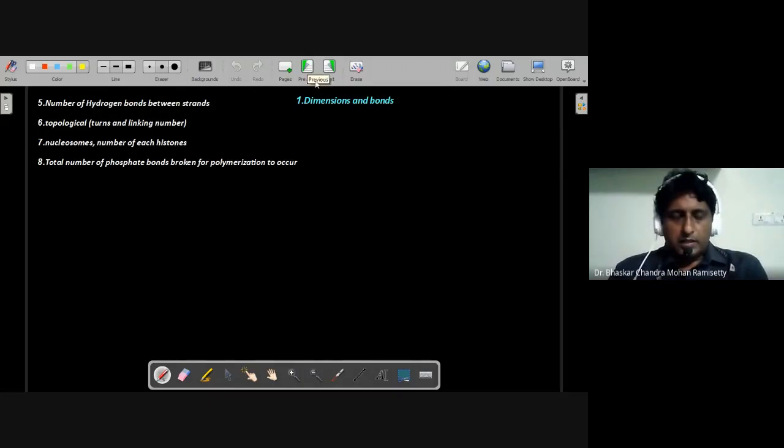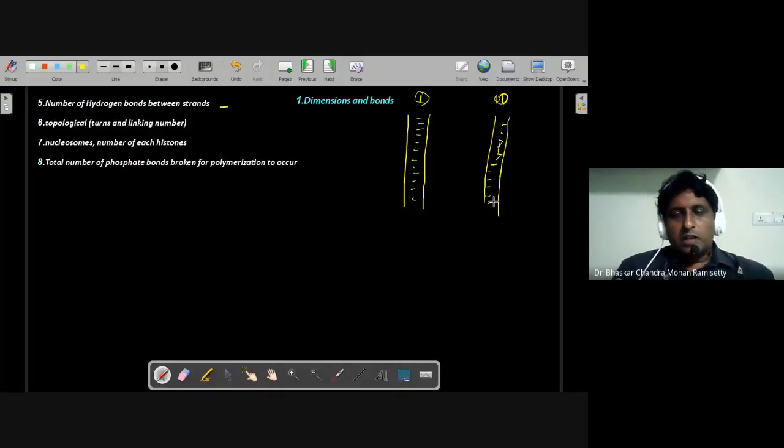Okay. So the next, as I was continuing in the previous, for sequence A, how many hydrogen bonds are there in total between these 2 strands? This is sequence 1, and I gave you 2 sequences. So you are supposed to tell me the number of hydrogen bonds.